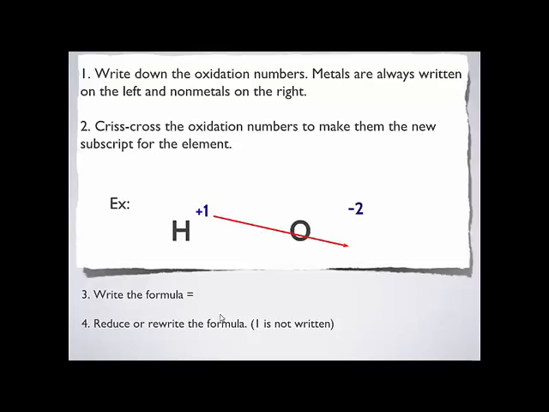We take the 2, bring it down and make it the subscript of the hydrogen. And then we have our formula: H2O1. When we write chemical symbols, we don't write the 1; we assume it's 1 if there's no subscript. And so we have H2O.